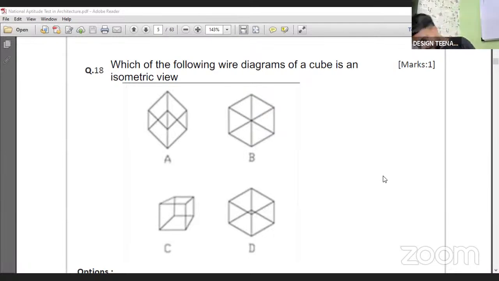Okay. Let me see if I have a scale. I will draw it. I need a compass as well. Let's leave the scale, because I need a compass to draw both. It is not possible right now. So in isometric view, let us clear the basics first. What is isometric view? I guess the screen is properly visible, so I will draw on the screen itself.